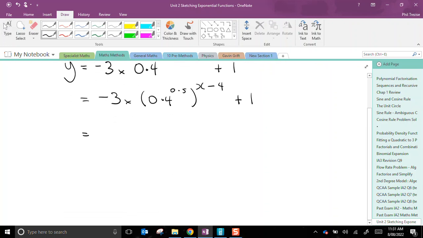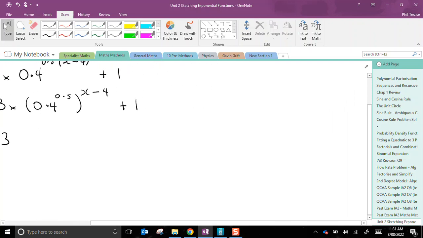Now I'm really hoping this was a tech active question, but I don't know for sure, so I'll work as if it's tech free. So a little bit of work to the side. What is this number? 0.4 to the power of 0.5 is the same as a square root. I'm going to think of 0.4 as 2 over 5, square root 2 over 5.